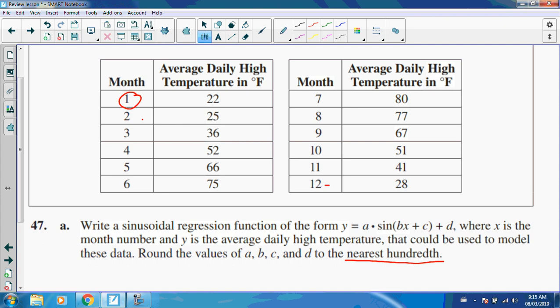Okay, so hopefully you all were able to find the regression for this equation, and also I hope you rounded it correctly.